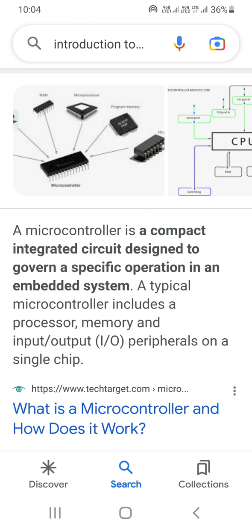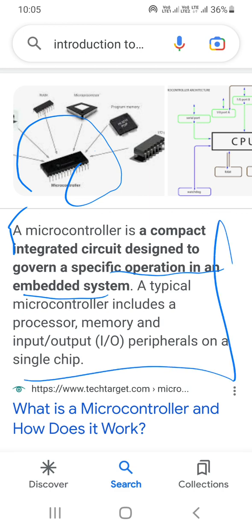A microcontroller, as you can see in this image, is a compact integrated circuit designed to govern a specific operation in an embedded system. A typical microcontroller includes a processor, memory, and input output peripherals on a single chip.